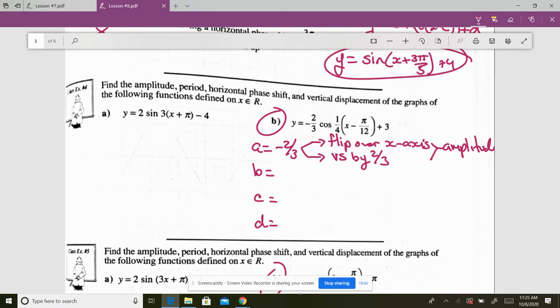What is my amplitude? So the amplitude of the graph is 2/3. Remember, it's the absolute value of that A value. Okay, B value is what?